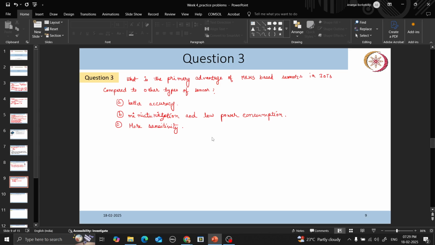You all know what IoT, Internet of Things, means. So think about the answer in terms of what IoT is and how it works. In IoT, many sensors are involved, not only one type of sensor.